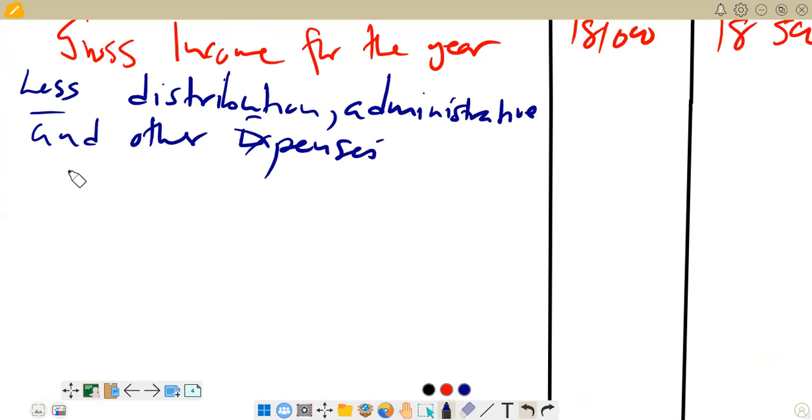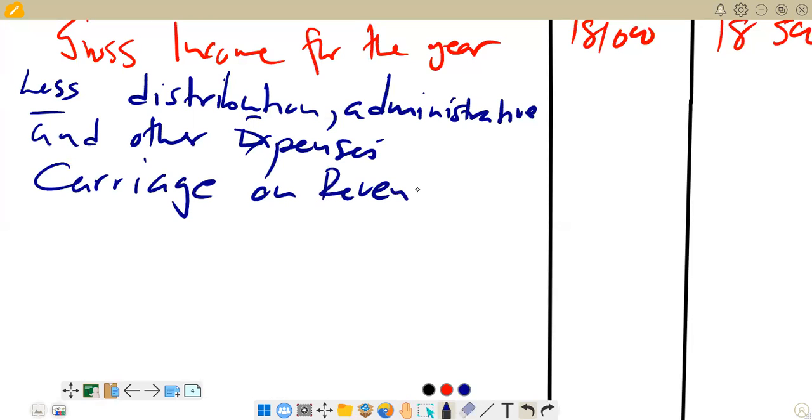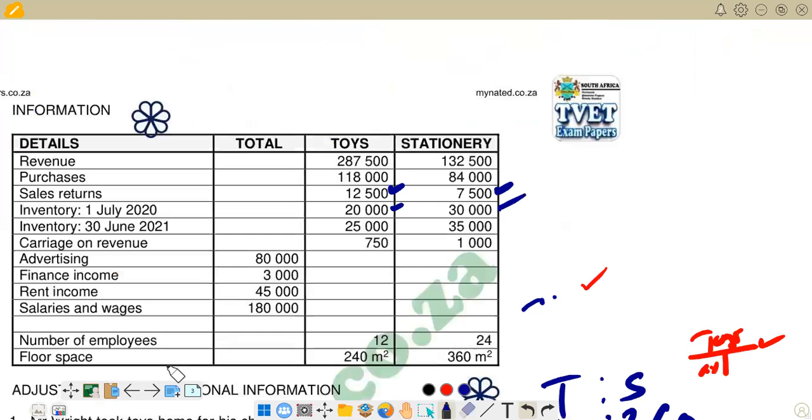So here we are saying carriage on revenue. And for toys, the figure that we have is 750. And then for stationery, we've got 1,000. So we can go back again to check other expenses. We've got advertising, but advertising is given as a single figure.